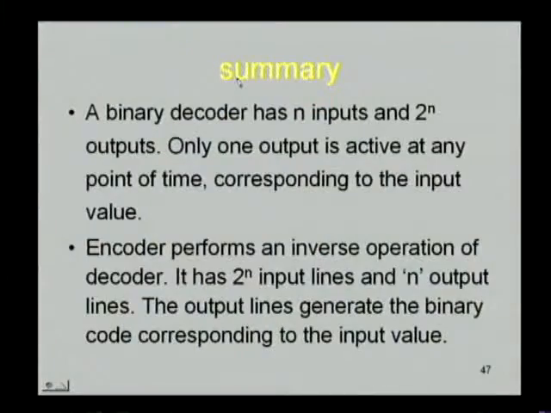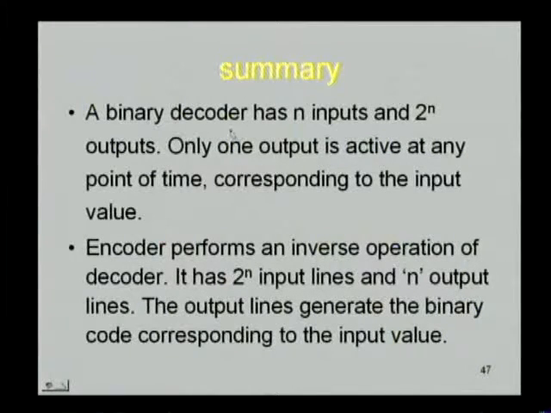Now we summarize whatever we have seen so far. First we saw decoders. A binary decoder has n inputs and 2 power n outputs. Only one output is active at any point of time corresponding to the input value.